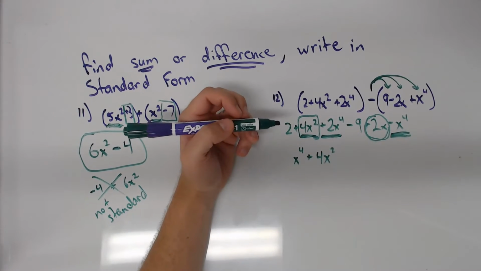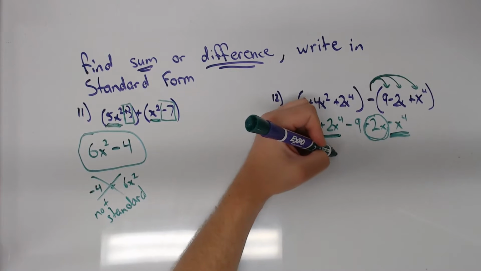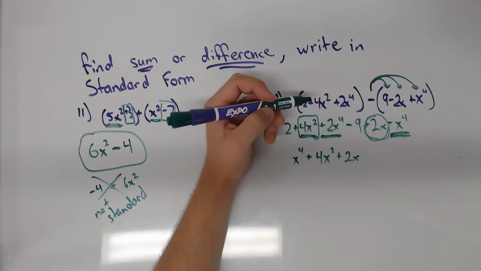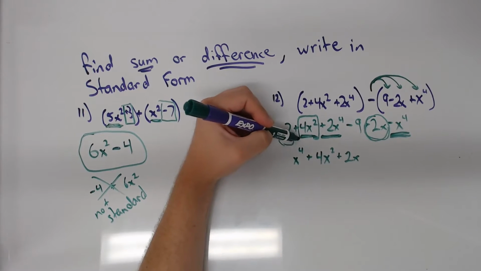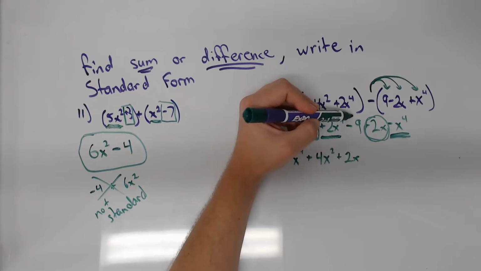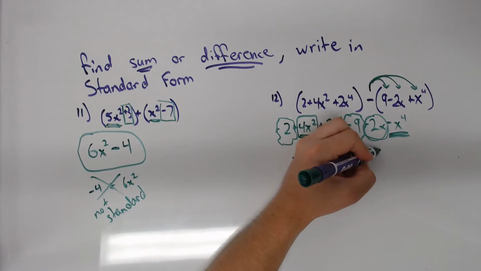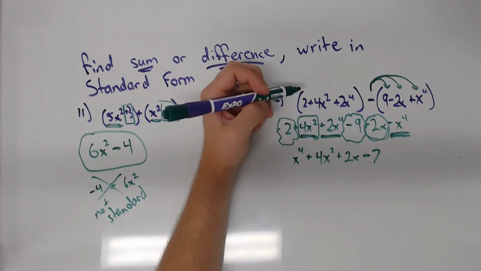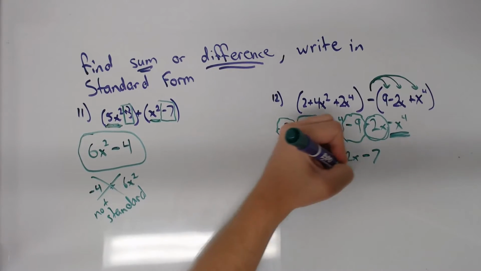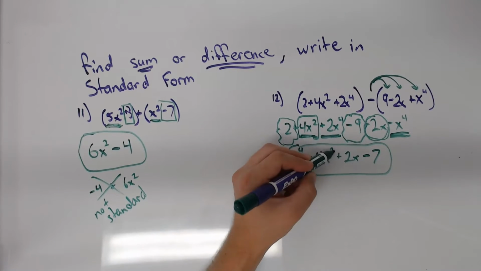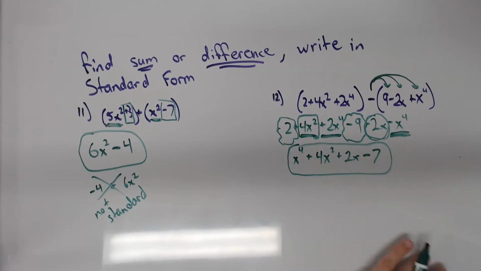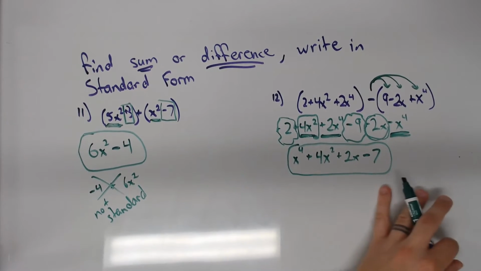It's the only x term. So again, it just gets rewritten. And then I'll do a squiggle around my normal numbers. I've got a plus 2 and a minus 9. So that comes out to a minus 7. All right. And that's in standard form because 4, 2, 1, 0 for my x's, highest to lowest with the exponents.